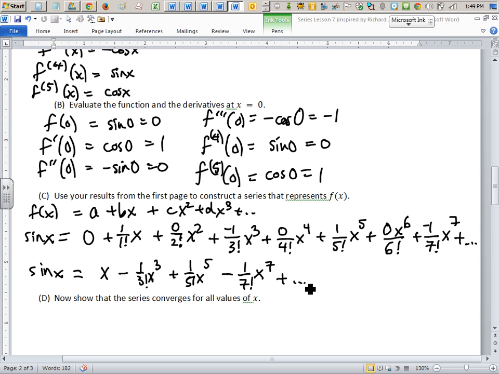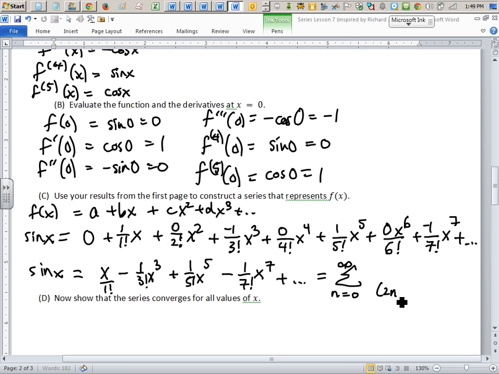It would be even more helpful if we could put it into sigma notation, so we can express all of it at one time. So let's put this into one big expression. If we start at 0, this goes on forever. The denominators include 1, 3, 5, 7, and they're all factorials.